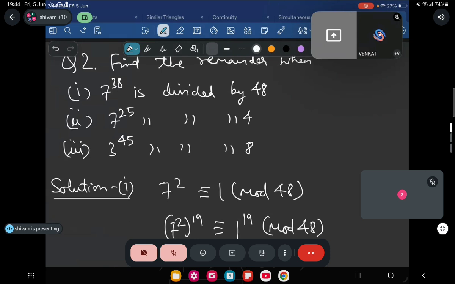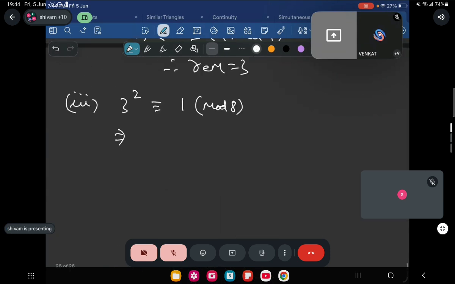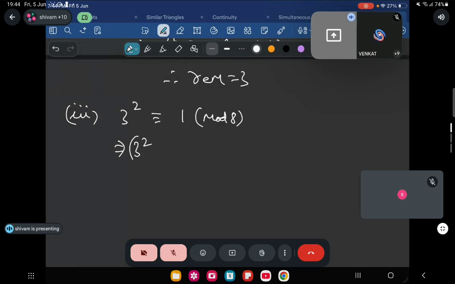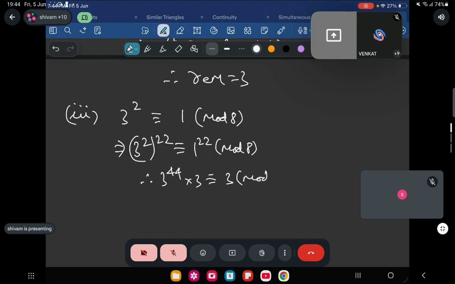Sir, 22. 3 to the power 44 is congruent to 1 to the power 22 mod 8. Right. Therefore 3 to the power 44 into 3 is congruent to 3 mod 8. Therefore the remainder is 3. Done. Is it clear?